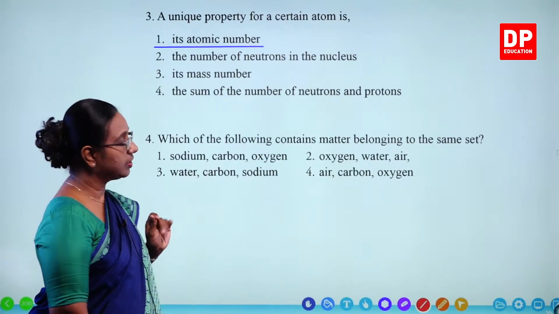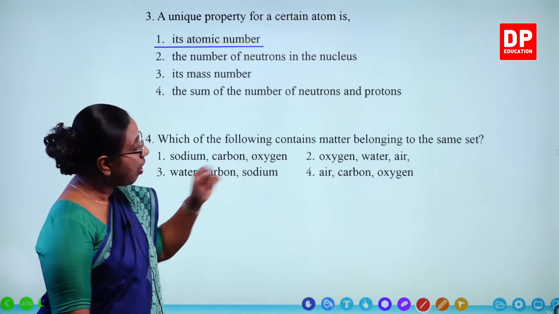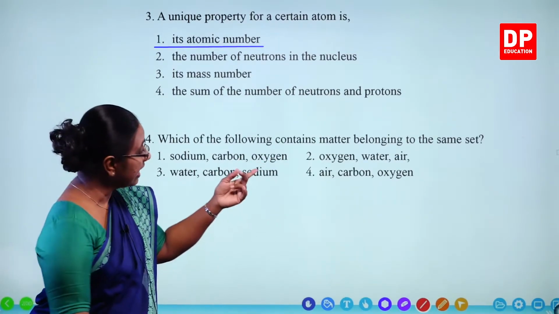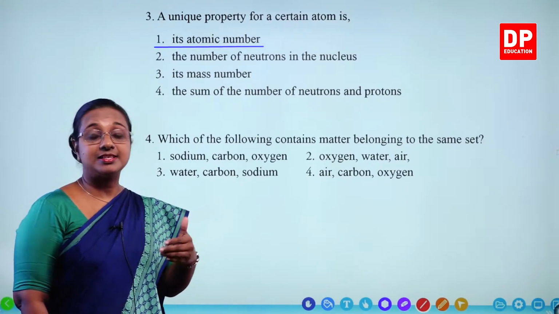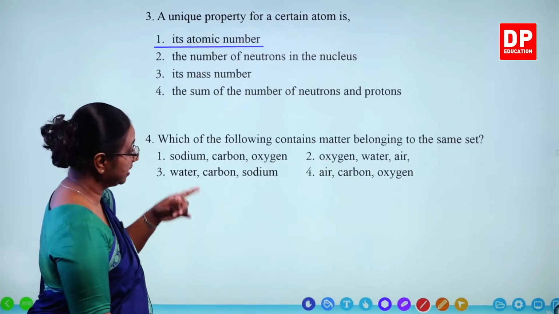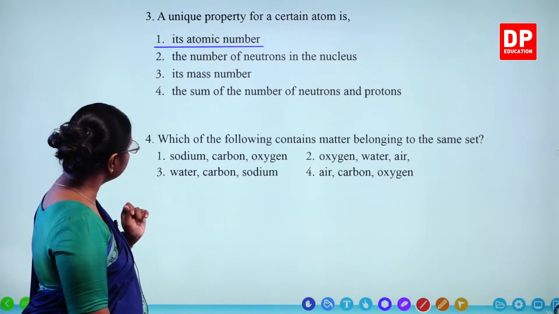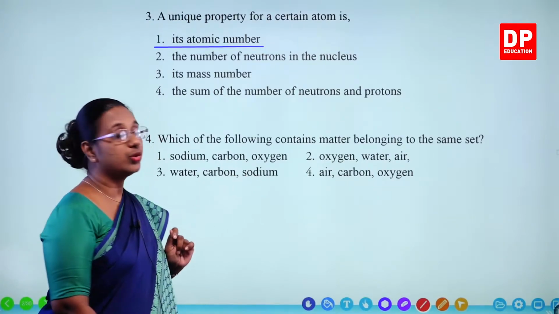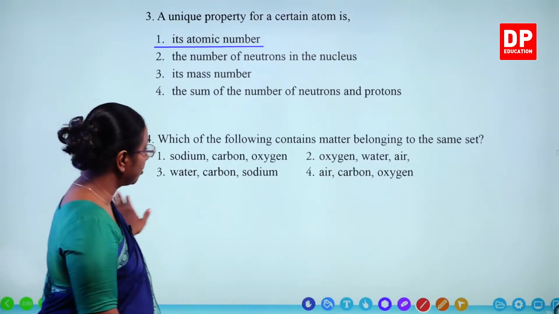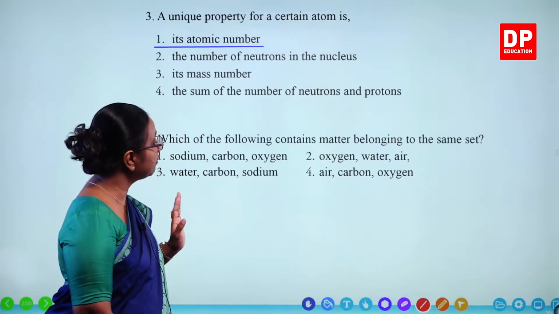In the second one, oxygen is an element, water is a compound and air is a mixture, that you all know. Air has many gases, water vapor, everything present in it. So it's a mixture. Then the third one, water again is a compound, carbon and sodium, they are elements. So that is also from different types of matter.